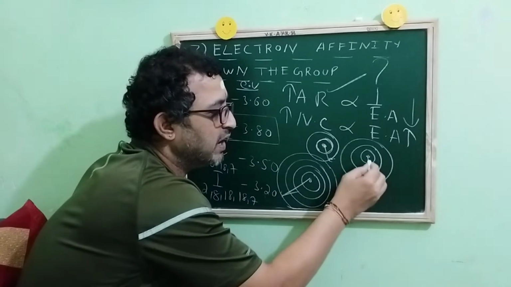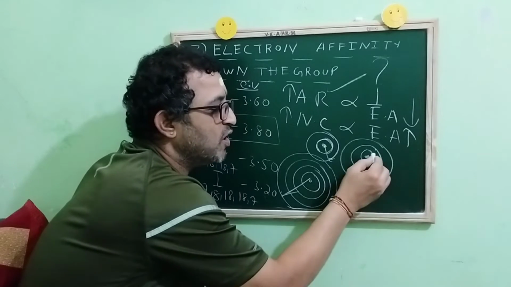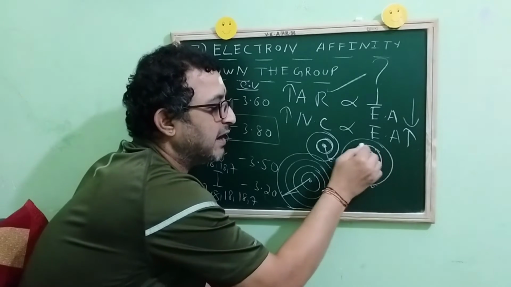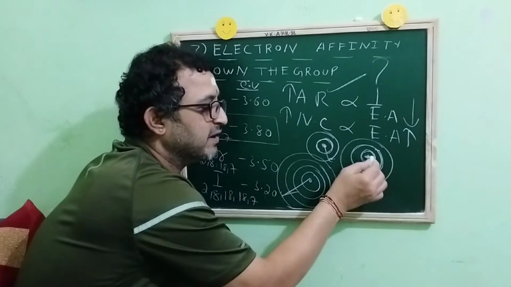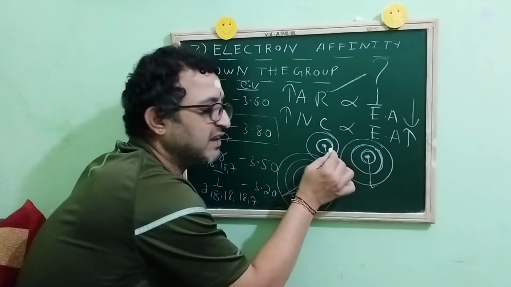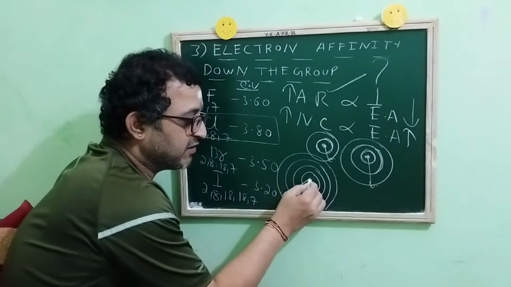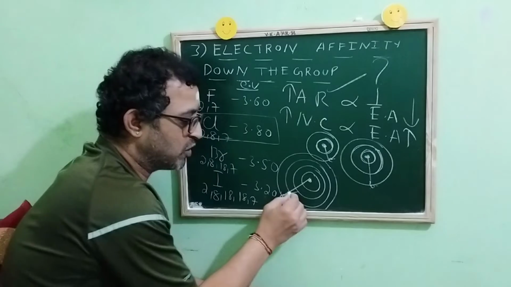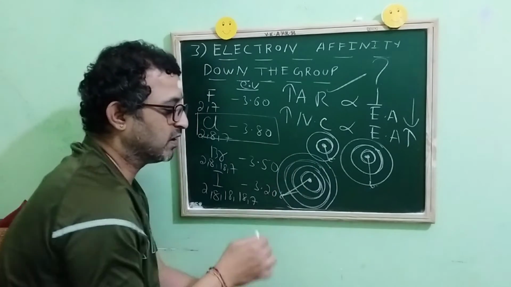In case of chlorine, between nucleus and outermost electron, there are 2 shells acting as a screen. So the number of screens which was 1 has now become 2. In case of bromine, between nucleus and outermost electron, there are 3 screens.